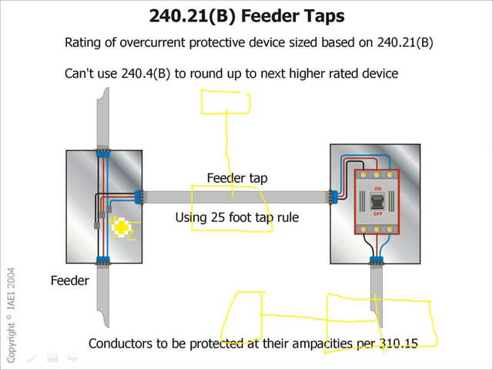But think about it, do you go more than 10 feet inside an enclosure? It's got to be a big enclosure, which it could be, a control enclosure. So if the tap conductor stays inside the enclosure, you really have no limitation on what size of conductor you can tap.